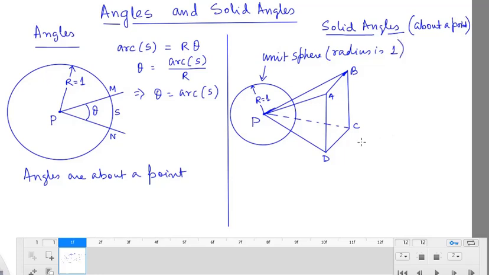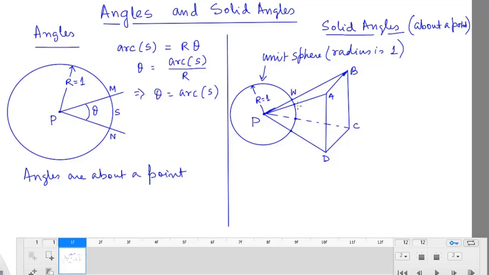Okay. Now in the previous case, the lines PM and PN cut a portion of this circle. That's the arc, right? Here you will get 4 points. Let me name them: where PB cuts the sphere, PA cuts the sphere, PC cuts the sphere, and PD cuts the sphere.